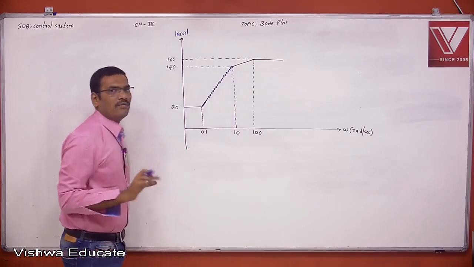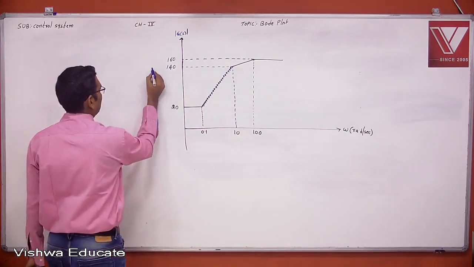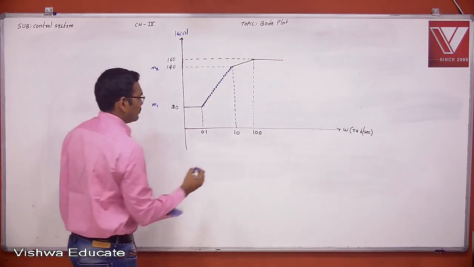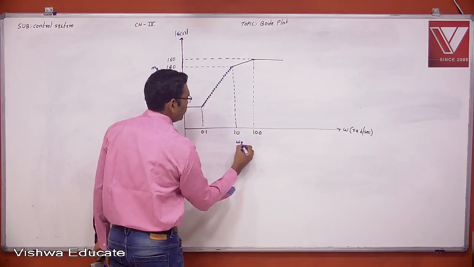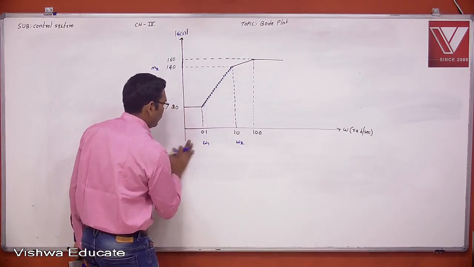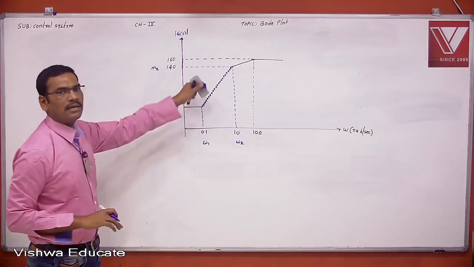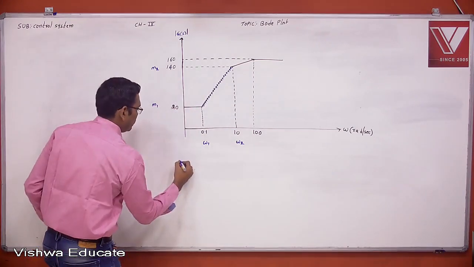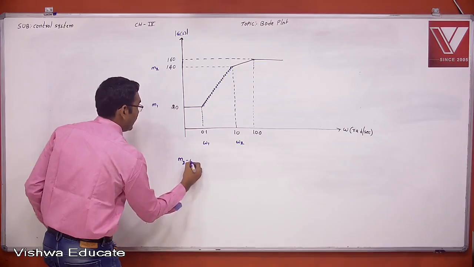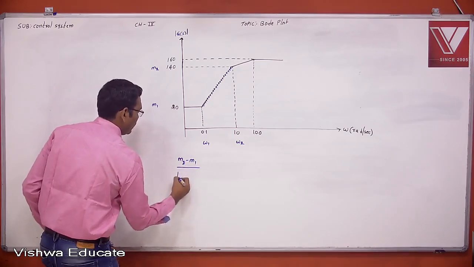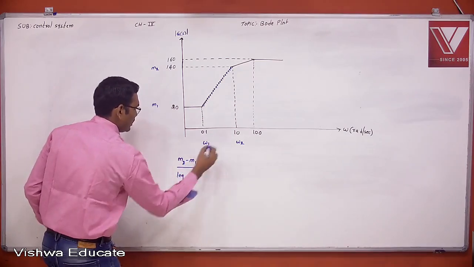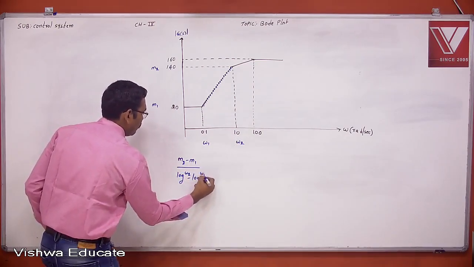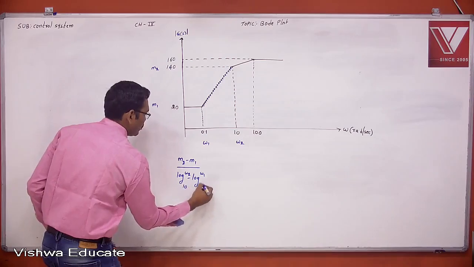Slope is change in y-axis by change in x-axis. This is m2, this is m1. This is omega 2, this is omega 1. The slope of this line is the change in y-axis, m2 minus m1, by log omega 2 minus log omega 1, because this is a logarithmic scale.